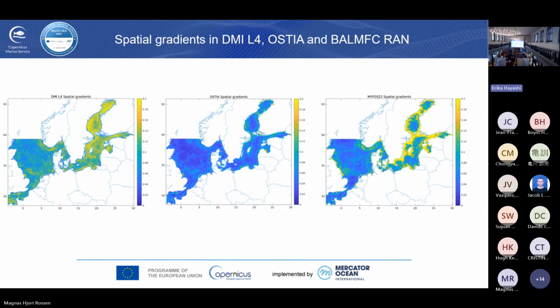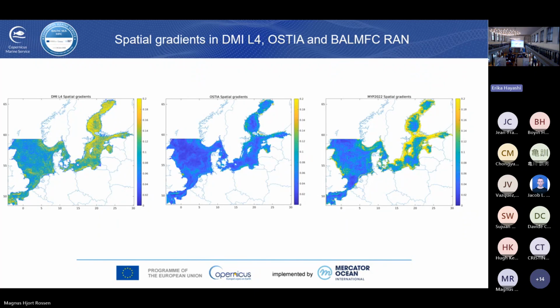The Ostia gradients in the middle are quite consistent with what we expect, where they should be, but the magnitude of those gradients is quite low. And our reanalysis on the far right has gradients which are the right magnitudes and in the right locations where they should be.